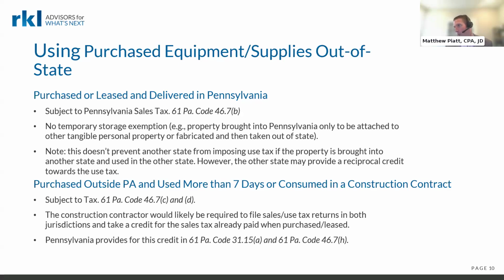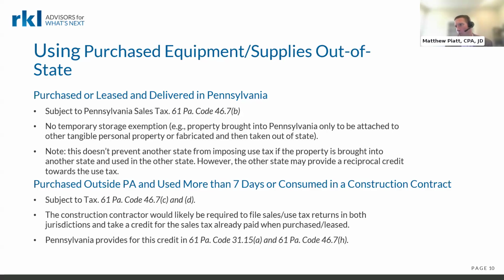Between states, you're going to be able to get a reciprocal credit towards the use tax. So you won't totally be taxed twice, but it does create a compliance burden. It's time consuming, and how it all plays out can sometimes be a little confusing, but in general, you're not going to be stuck with both the full sales tax and a full use tax.